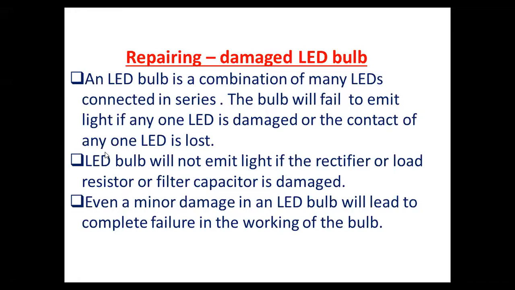There are so many minor parts inside an LED bulb, so replace the minor damaged part. And this is the main repair of a damaged LED bulb. When we remove the damaged one and place a new one in the LED bulb, we get a new efficient bulb. So this is the repair of a damaged LED bulb.